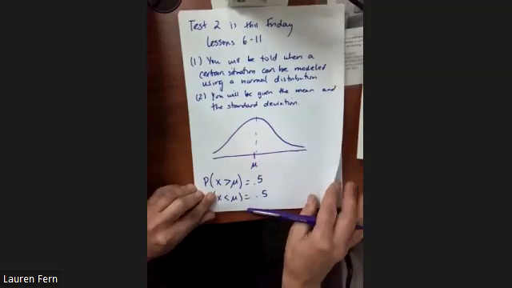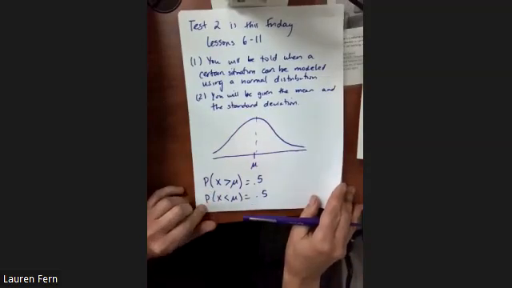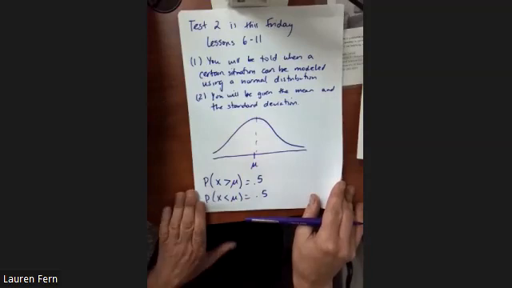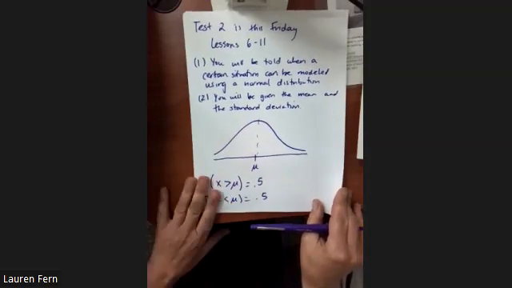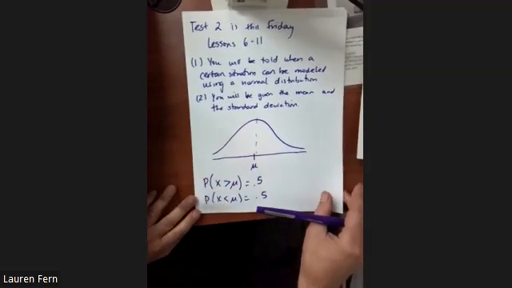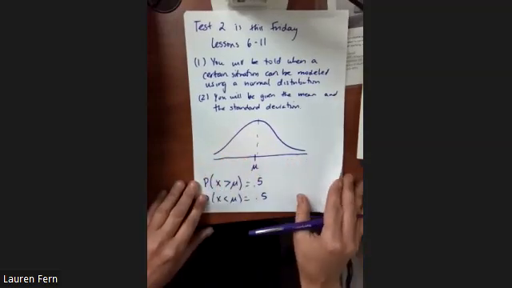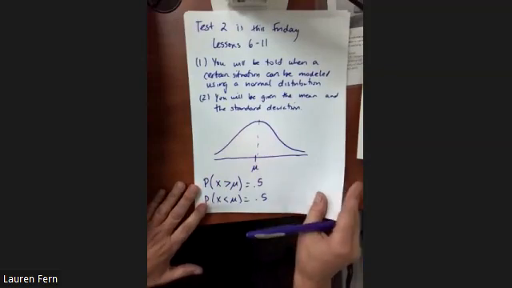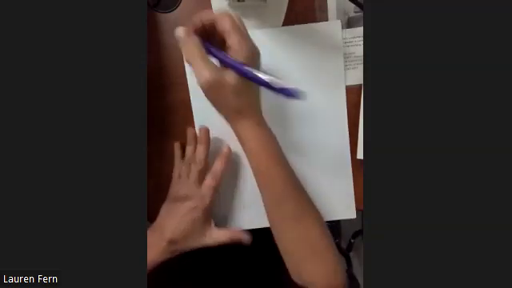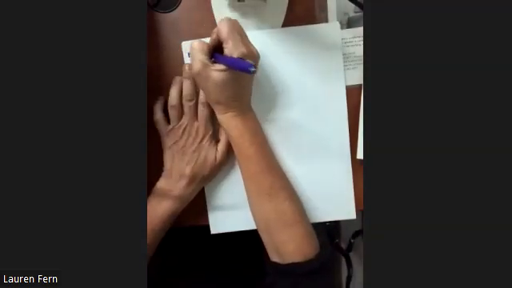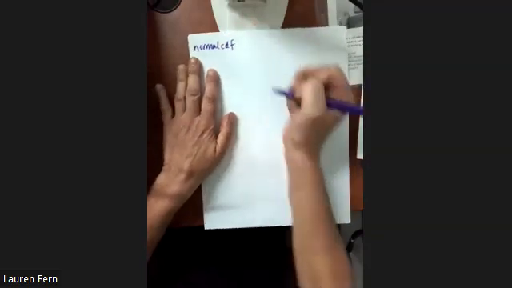That whole 68, 95, 99.7 rule, all the symmetry business that we talked about last week is really important. Now, when we're not in those nice situations, in order to compute the probabilities, we're going to need to use our calculator. I had mentioned with your calculator, it's that normal CDF button.